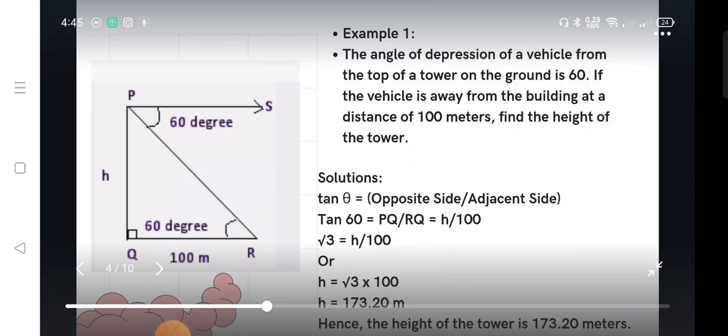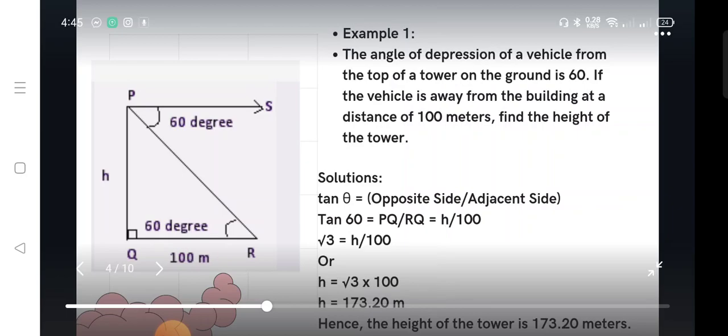So in the figure attached, R is a vehicle, and PQ is the height of the tower. And then RQ is the distance between the tower and the vehicle. So PS is the line of sight.